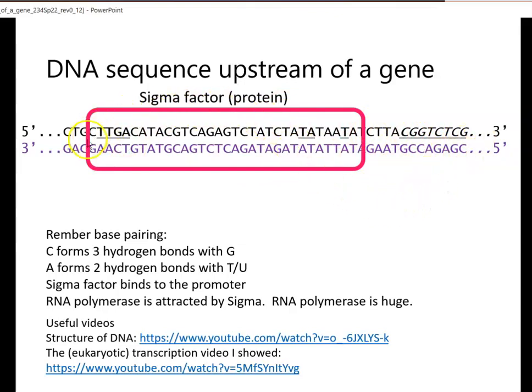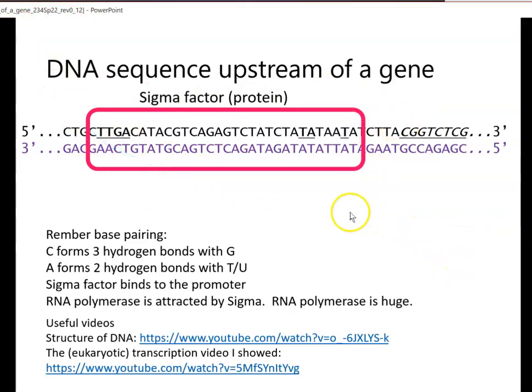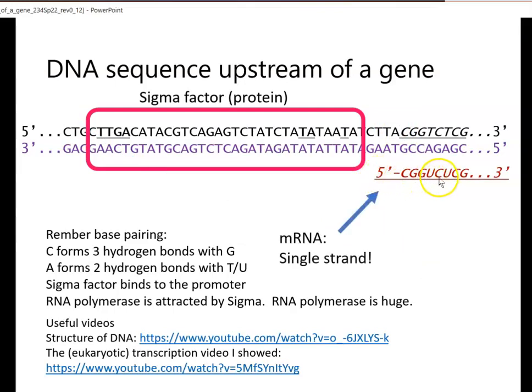Now, RNA polymerase is much, much bigger than a sigma factor. RNA polymerase would be like a giant compared to the DNA. That's not that important. So RNA polymerase is going to start making this messenger RNA, and it's going to keep going in that direction. Remember, a gene might be 1,500 nucleotides long easily.